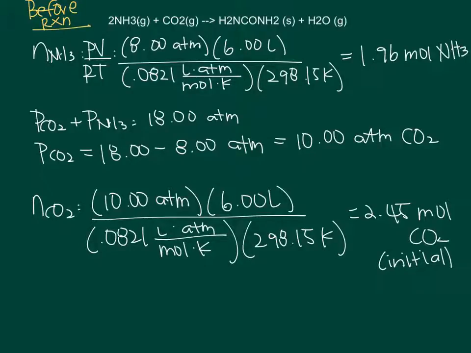Plugging that into the equation, 10.00 atm times 6 liters over 0.0821 for R times 298.15, we get 2.45 moles of carbon dioxide. So we have 2.45 moles of carbon dioxide initially and 1.96 moles of NH3 initially.